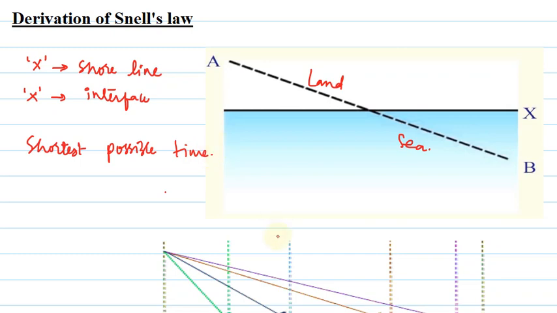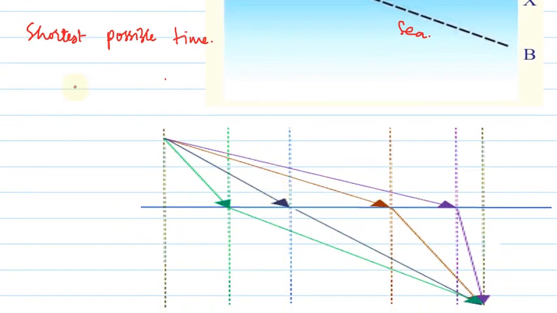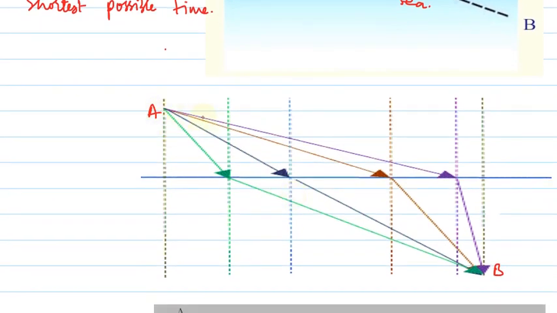So we have different paths to reach from point A to point B. As we are at point A, we can select any one of these paths. But the condition here is the shortest possible time.